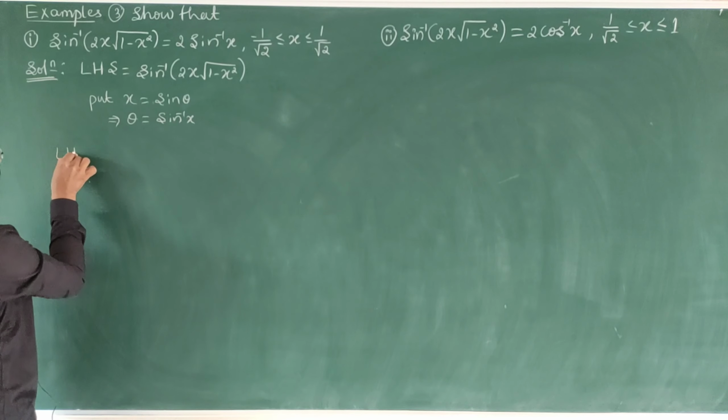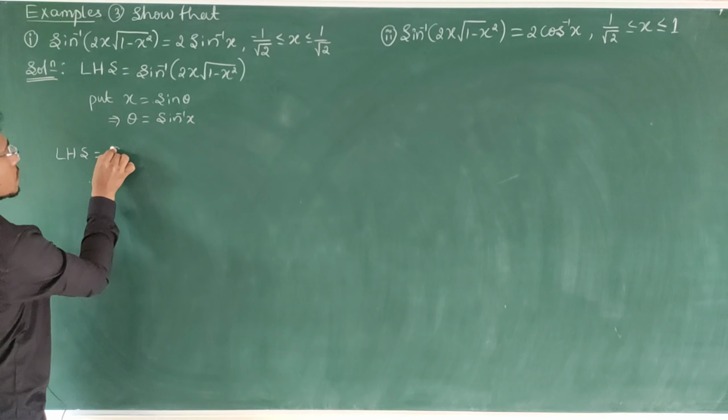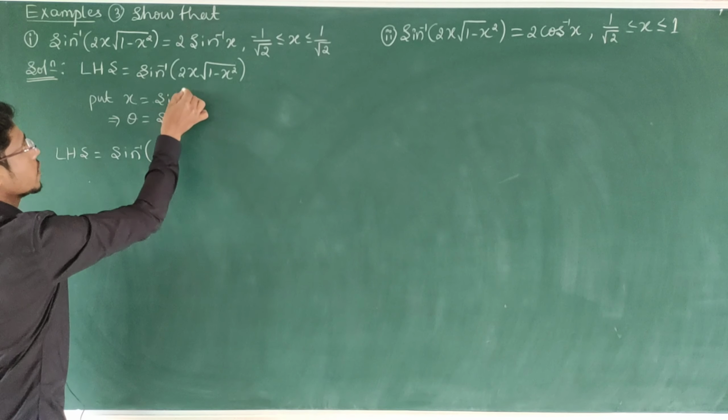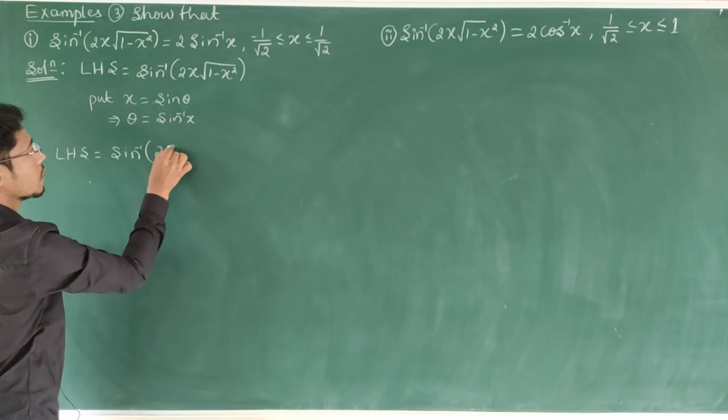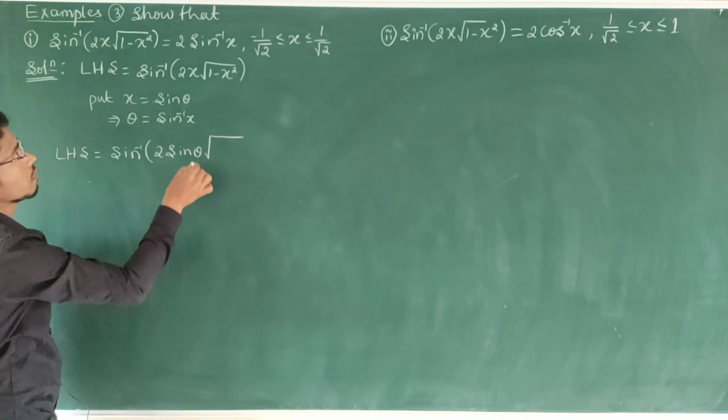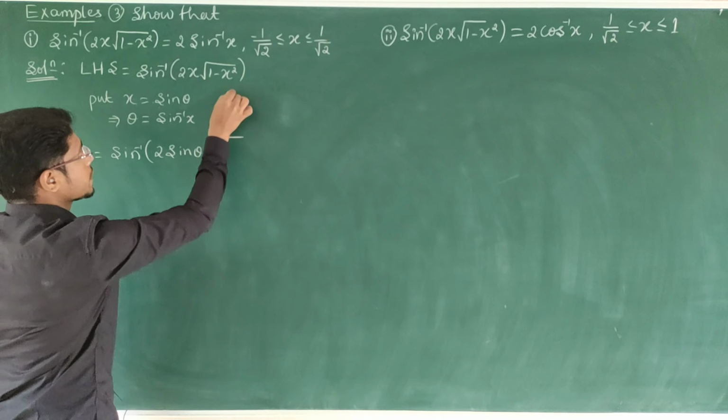So now LHS will become sine inverse of 2 sine theta times the square root of 1 minus x square.